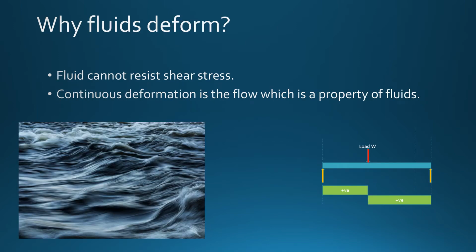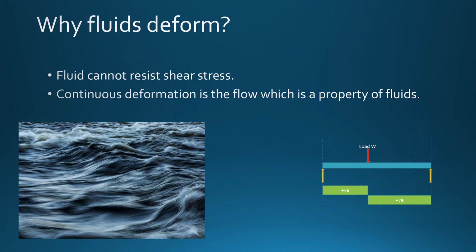Now let's talk about why fluids deform and what are the implications of this on hydrostatics. Well, fluid deforms because they cannot resist shear stress. Deformation is caused by shear force. So if you have done a statics subject before, you know the figure given here.